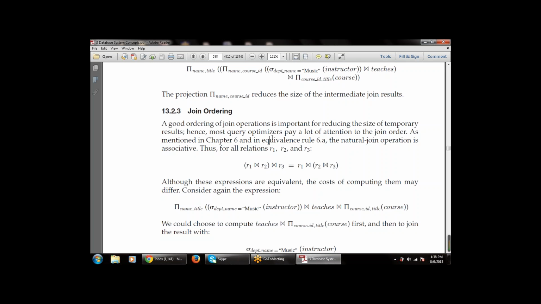The natural join operation is also associative. Therefore, for relations R1, R2, and R3, joining R1 and R2 and then combining the output with R3 is equal to joining R1 with the join of R2 and R3.